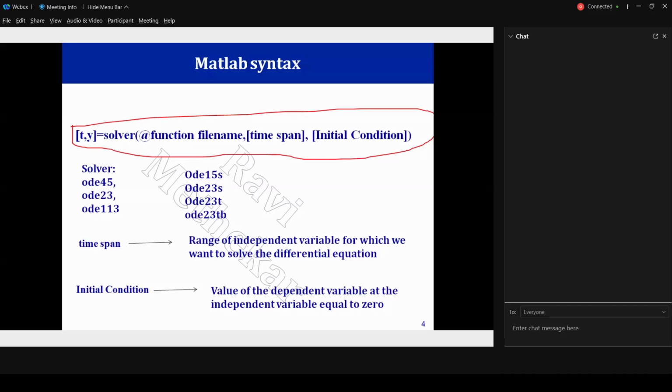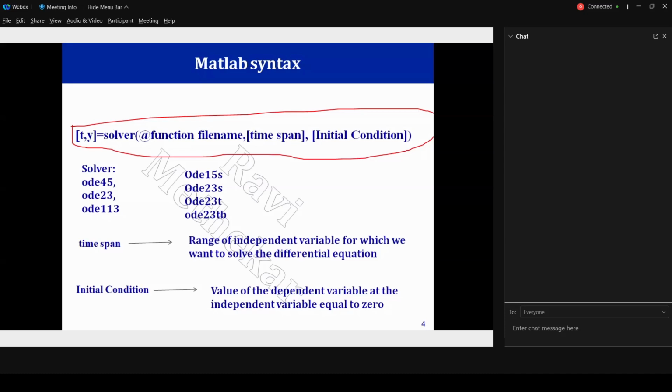The first output argument is the timestamps at which MATLAB gives the output. Basically it provides a column vector, one column with many rows, with a lot of time instances, and then the solution values.